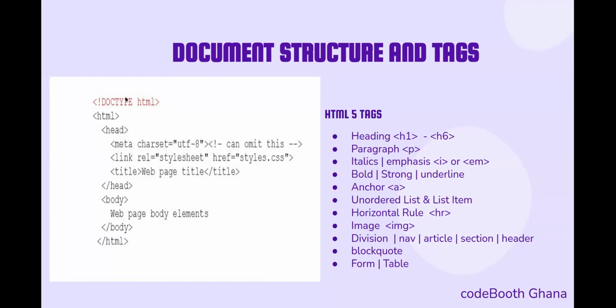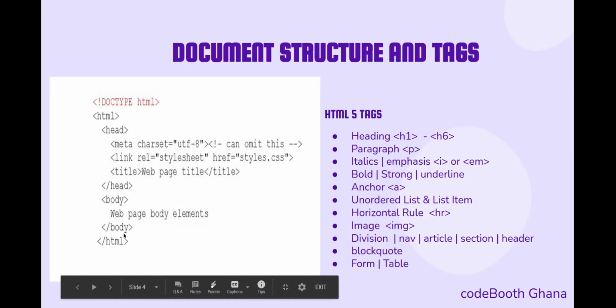Then after declaring this tag, the next tag, which is the alpha and the omega of any HTML website or any website that you see on the internet, is html. You can see that it starts from here and it ends here. Please, can you all see what I'm showing? I'm pointing here. Okay, so this is the alpha and the omega tag for any website on the internet.